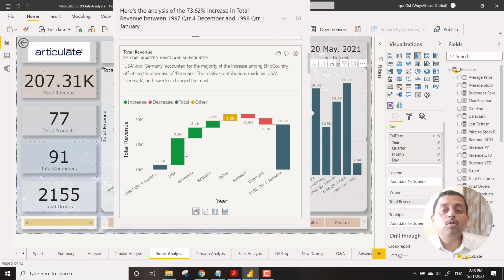So we can come to a conclusion that US, Germany and Belgium are the top movers in terms of gaining or losing revenue. That's how it works out.